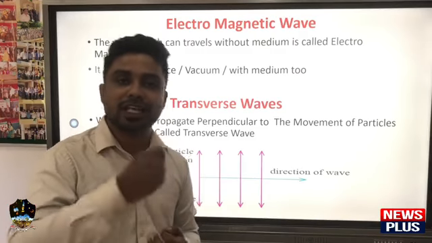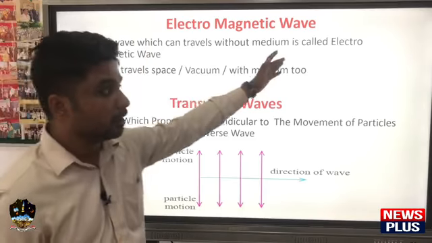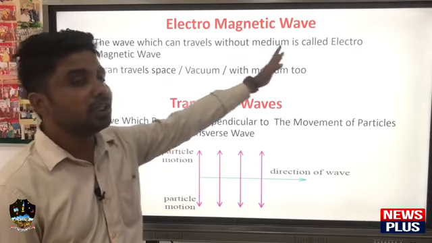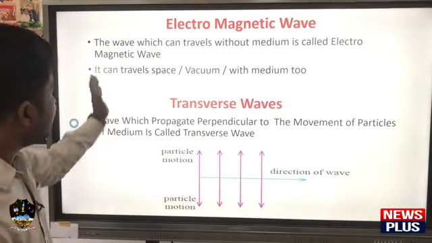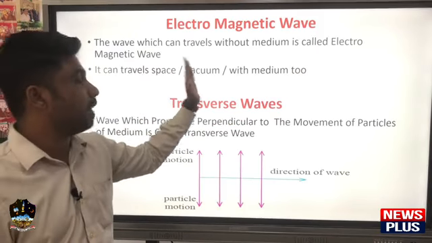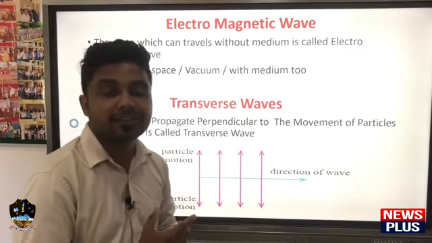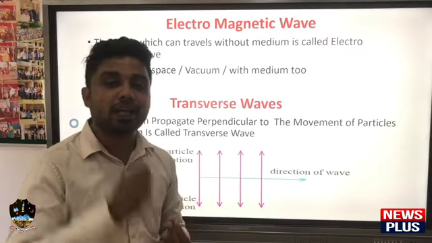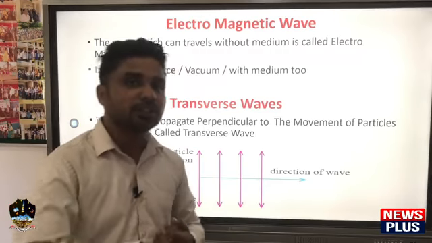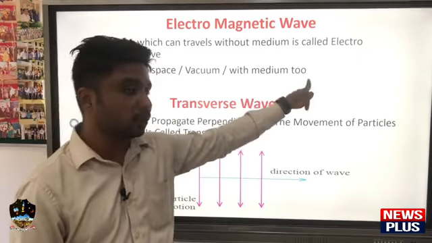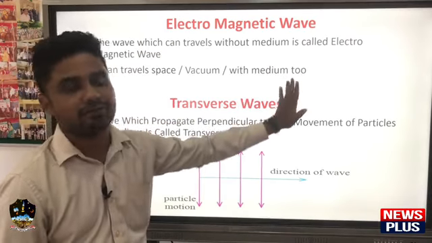Without a medium, a mechanical wave cannot travel, but an electromagnetic wave does not need a medium for its propagation. It can travel through space or vacuum or with a medium too. You can't say that an electromagnetic wave can only travel without a medium. Even with a medium, an electromagnetic wave can travel.